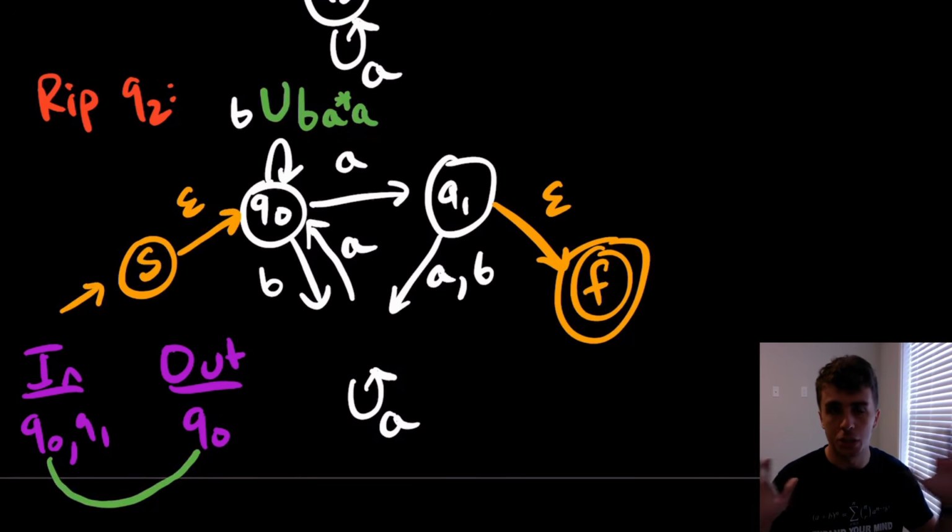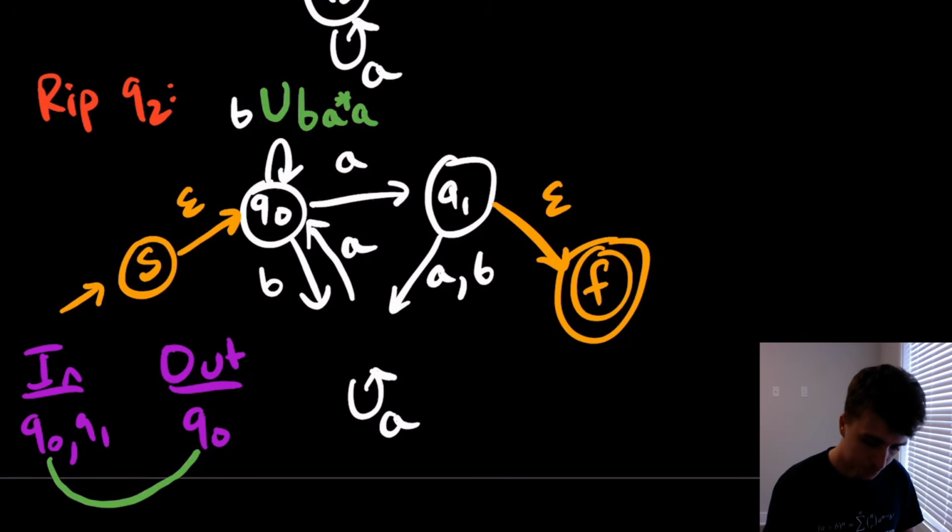I'm just going to do this as A star A because that's highlighting A is what was on the self loop, and then A was what came back. But you could abbreviate that if you wanted to.